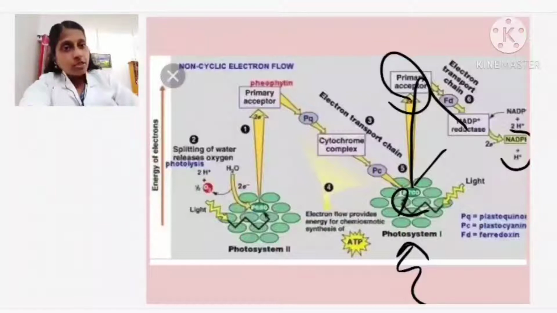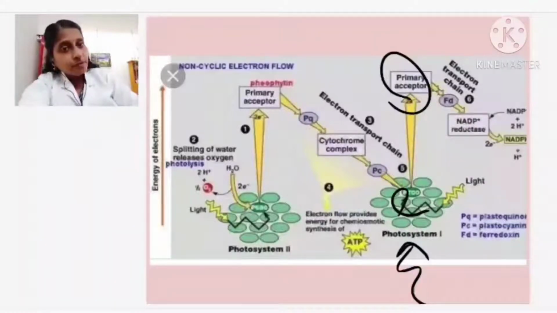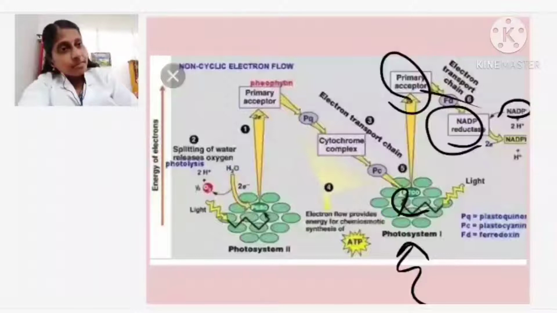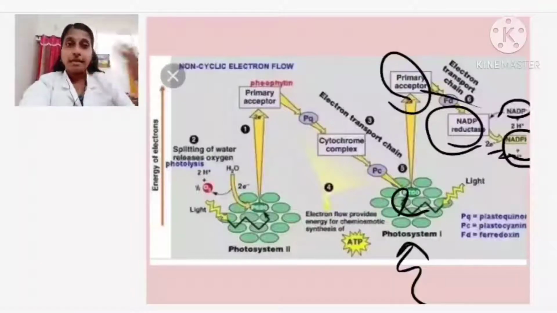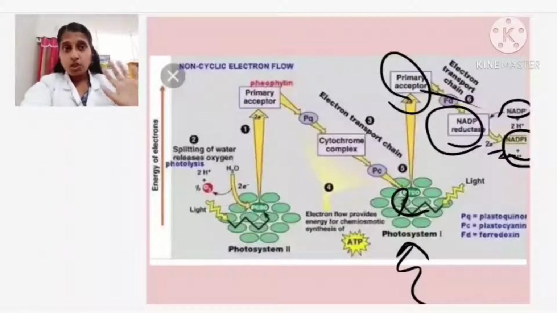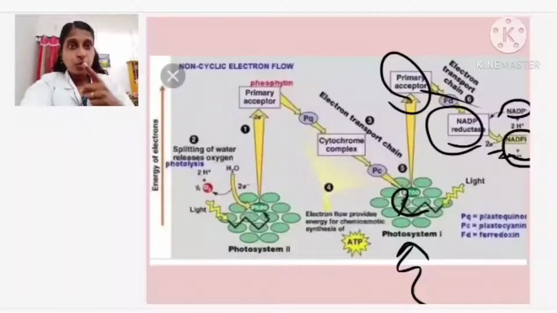After reaching this NADP, by accepting this electron, it is getting converted into what? NADPH2. So 2 electrons are accepted by this NADP and converted into NADPH2. So one thing has been produced. What is that? NADPH2. I told you for light reaction 3 things have to be produced: ATP, NADPH2 and oxygen.